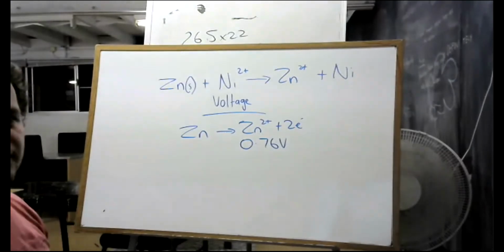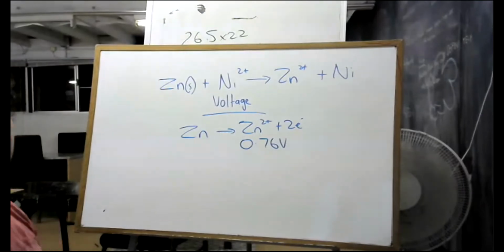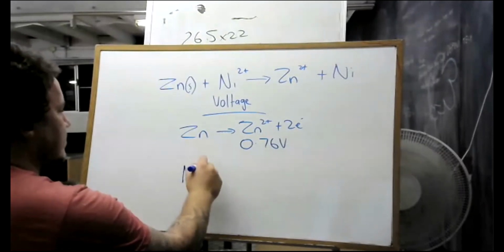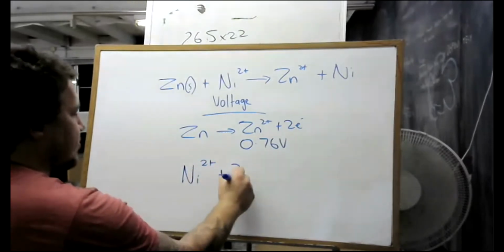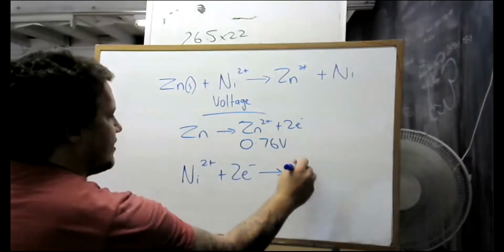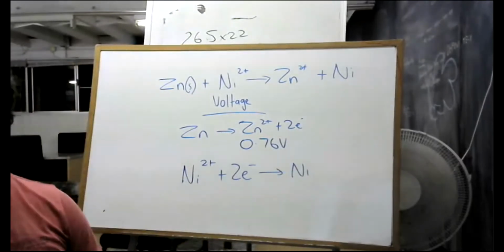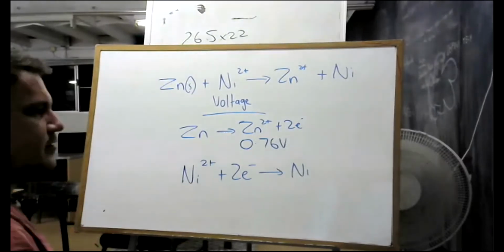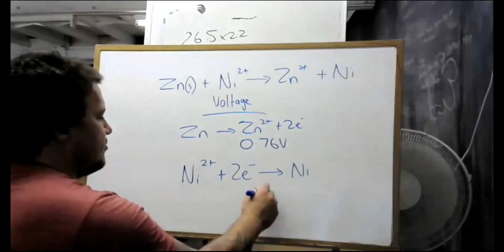We look at our reduction reaction, where we have Ni2 plus 2E minus, because we're balancing out the charge, gives us metallic nickel. Again, that's the formula book, page 11. We've got 0.24.